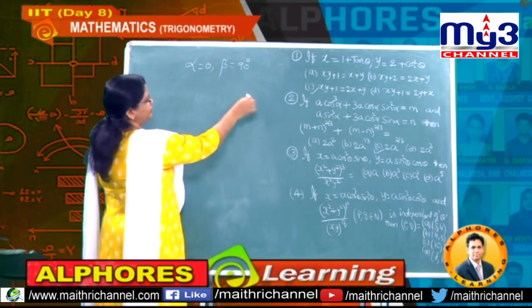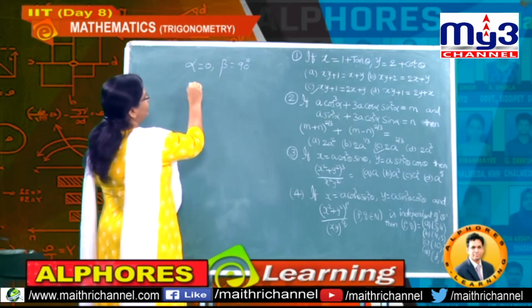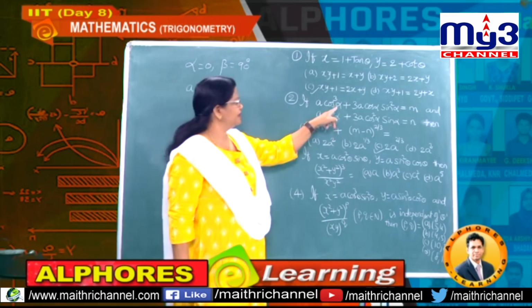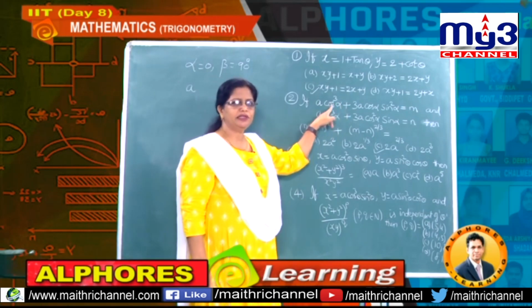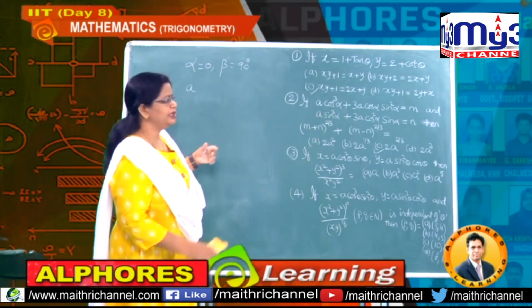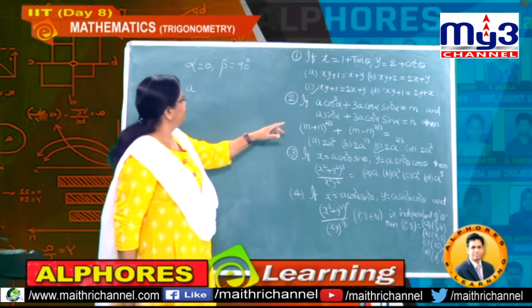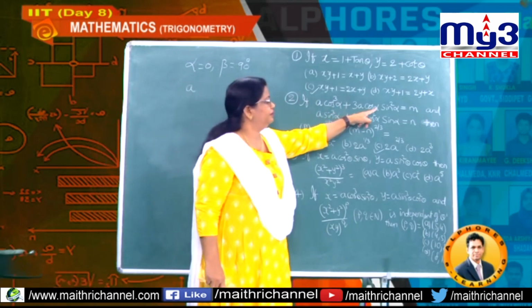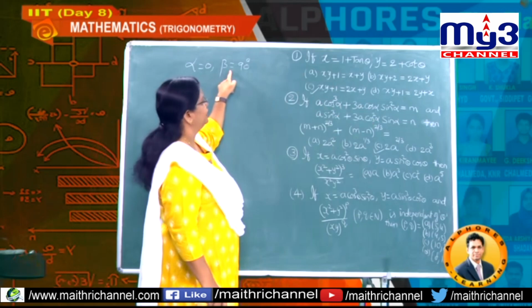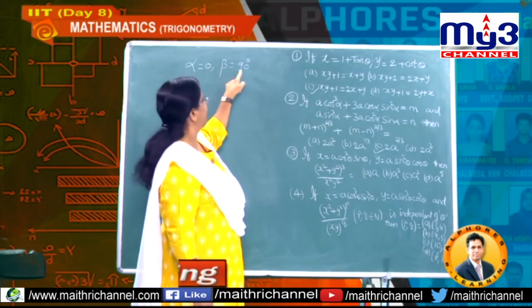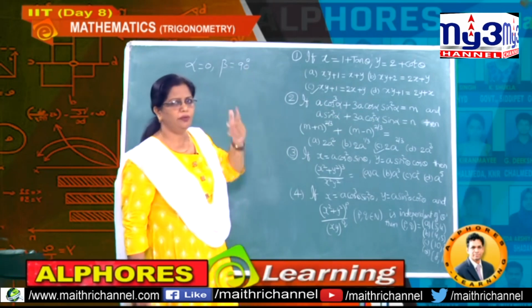Then the first value is a cos cube alpha, that means cos 0. What is cos 0? 1, and 1 cube is 1. The next value: what is sin 90? It is 1.